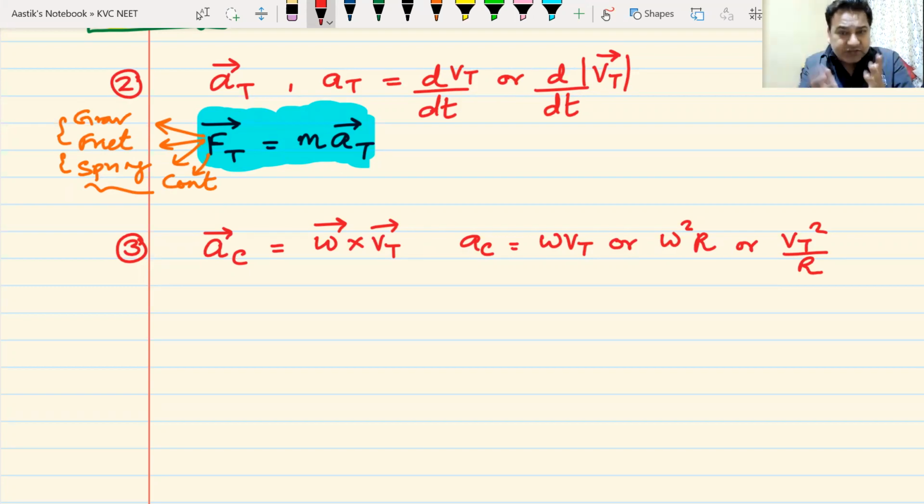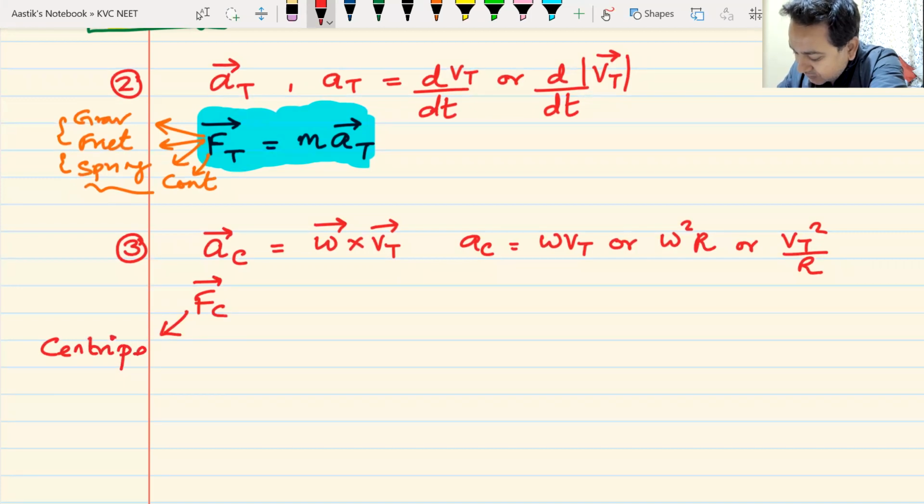Now, someone has to give you this centripetal acceleration. If you got to turn, you need this centripetal acceleration. That force is now known as, no prizes for guessing this, Fc. And this Fc is known as centripetal force.